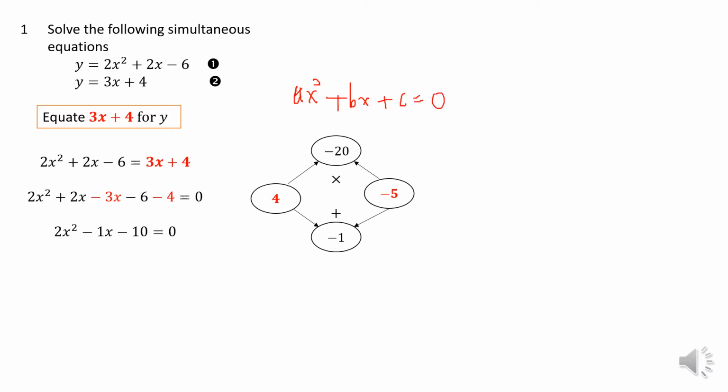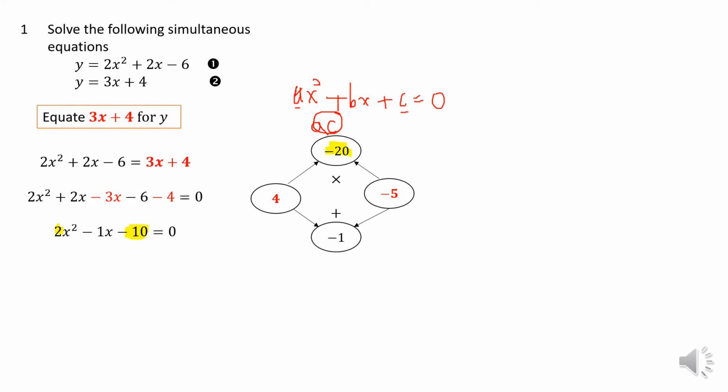So when you multiply a times c, you get negative 20. It's this value multiplied with that value of c. So for example, it is this 2 times the negative 10. Well, the 2 times negative 10 gives you negative 20.